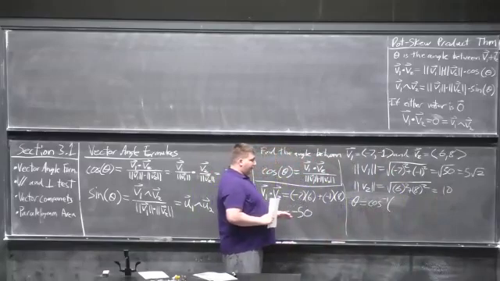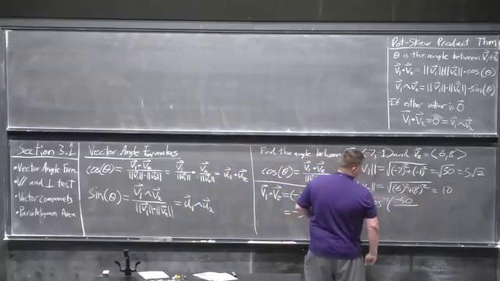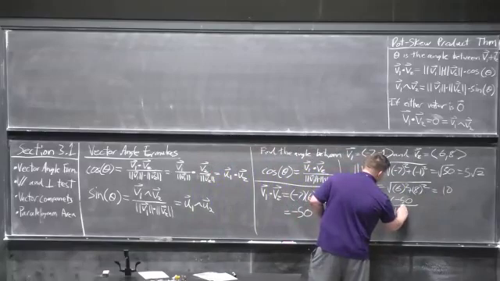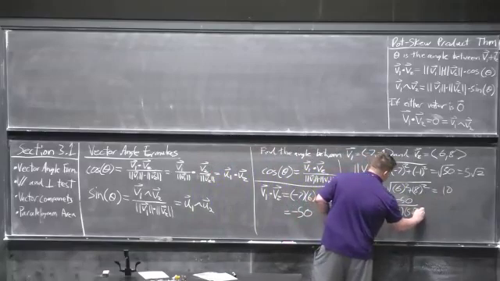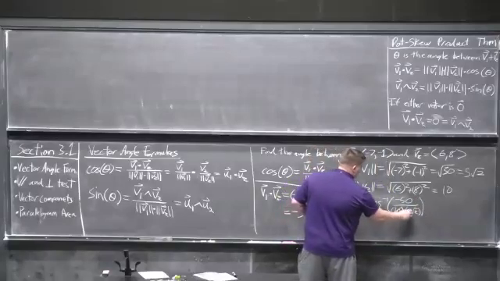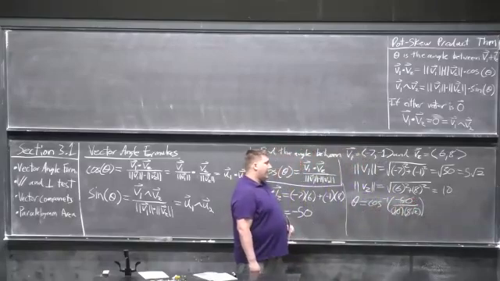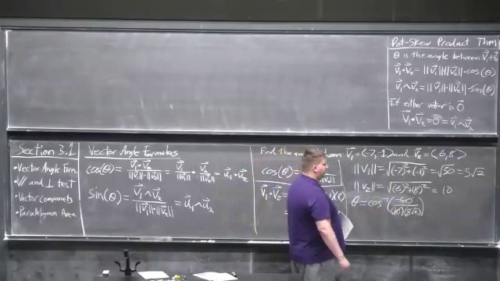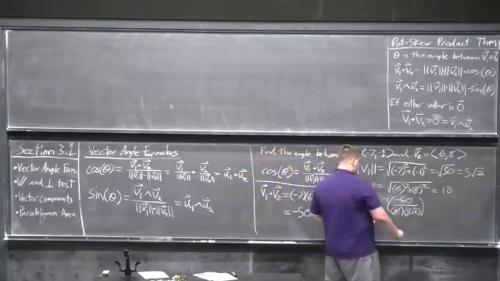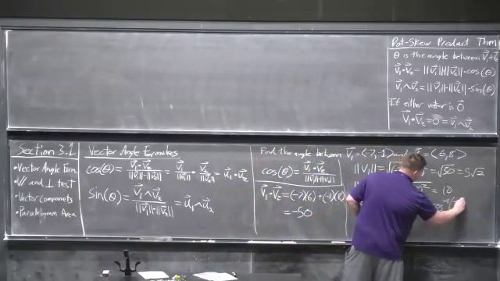So now when we find our theta, we have theta being equal to cosine inverse of negative 50 in the numerator. And the denominator, we got 10 times 5 square root 2. So 10 and 5 is 50, so that will cancel with the 50, leaving a negative 1 over square root 2, times top and bottom by square root 2 over 2. And so we get cosine inverse of negative square root 2 over 2.